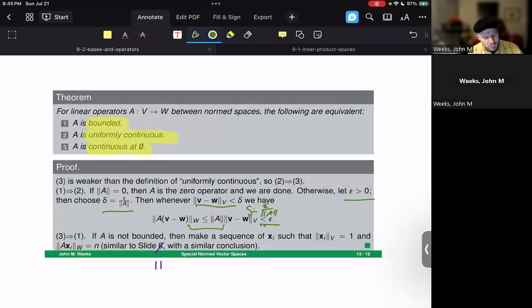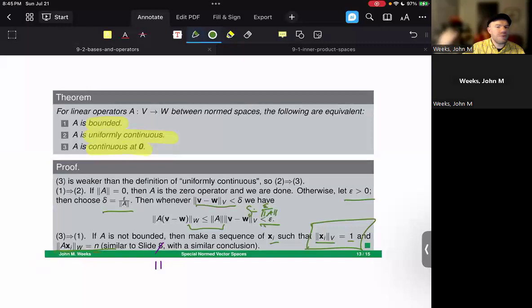For 3 implies 1, we're going to do the contrapositive. And in fact, we've already done the contrapositive. If A is not bounded, then there exists a sequence of these x sub i that have norms equal to 1, and such that the norms of A times x sub i could be equal to n. In fact, with respect to these vectors of norm 1, you can continue to find larger and larger vectors, A times x sub i, that get to be as large as you would like them to be.